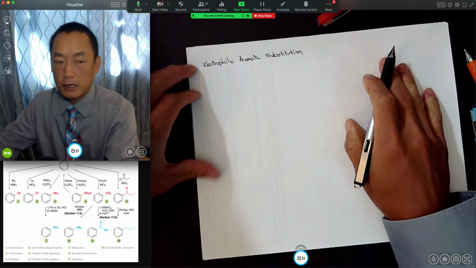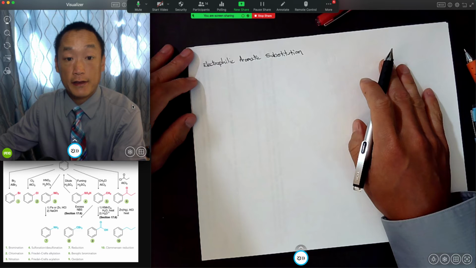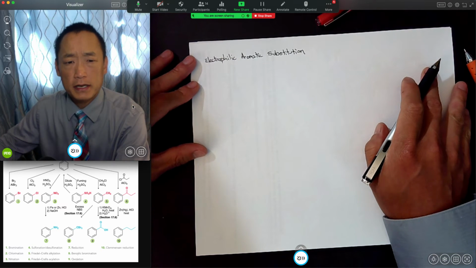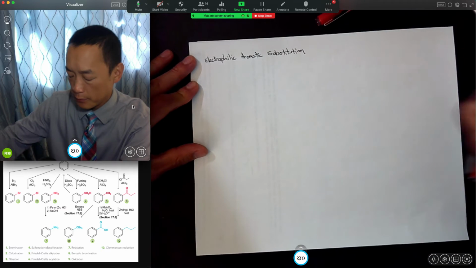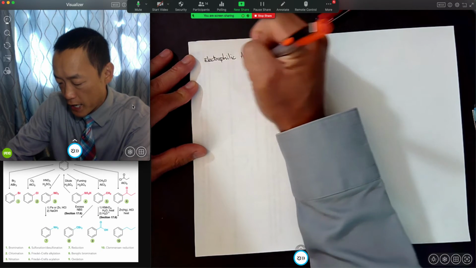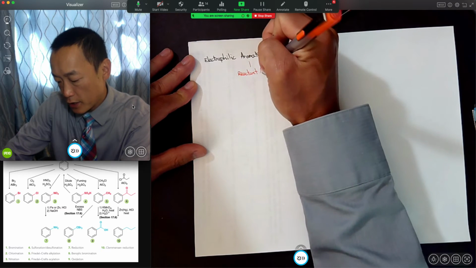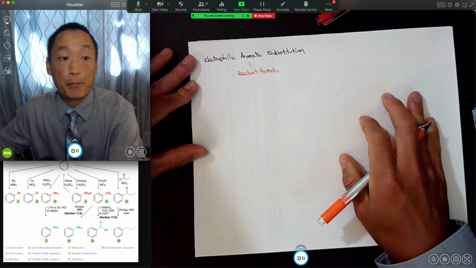And again, when I took this class, I had a professor that would just breeze through things like that and just assume that I had any idea what he was talking about. What does this mean, electrophilic aromatic substitution? Well, it means that our reactant is going to be aromatic. It's going to have that property to it.